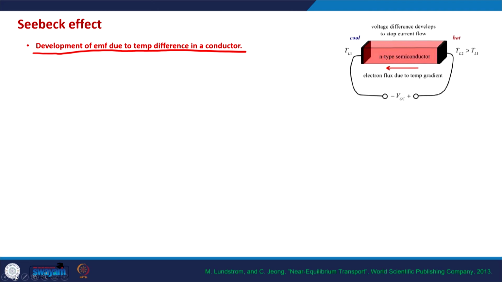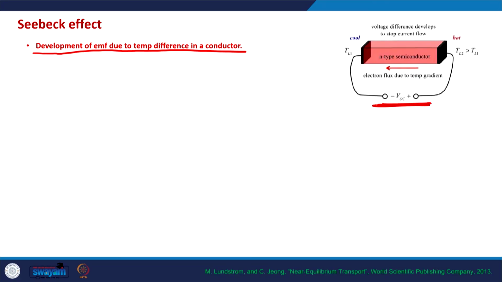What it means is, if there is a temperature difference in a conductor, an EMF, electromotive force, will be developed across the conductor. In other words, a voltage difference will be developed across the conductor, and if we have the conductor open circuited, in that case we will have an open circuit voltage due to temperature difference.